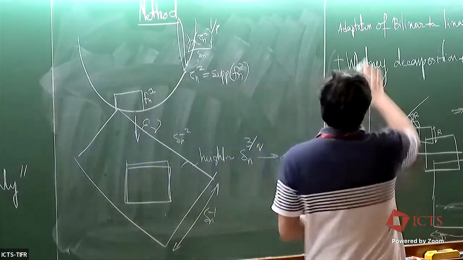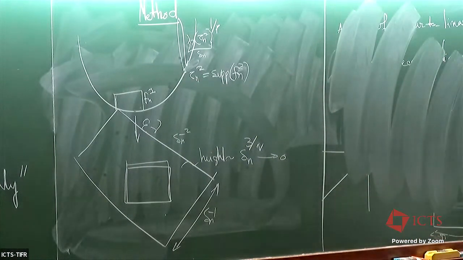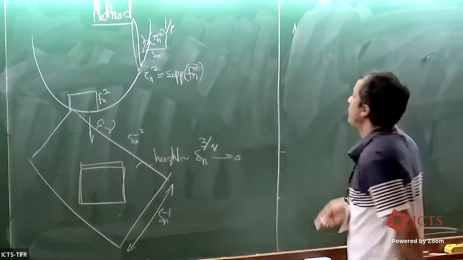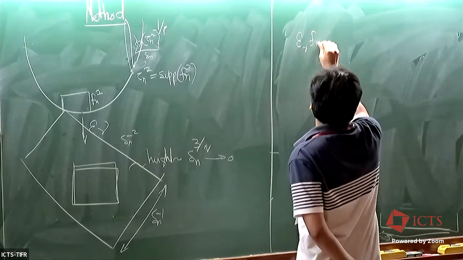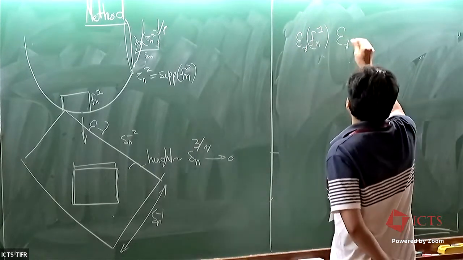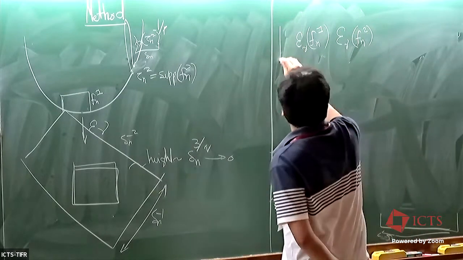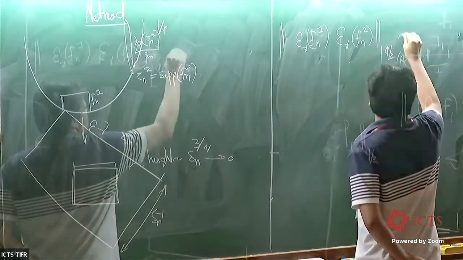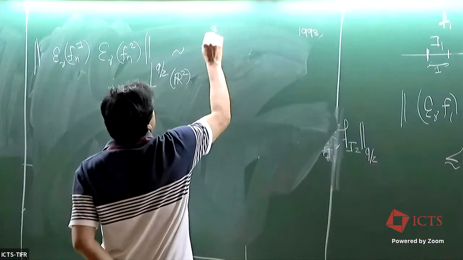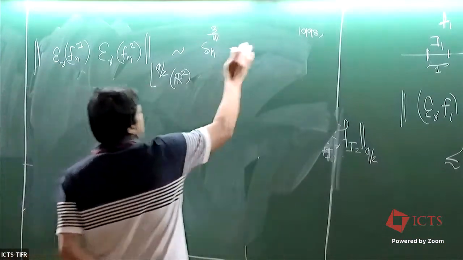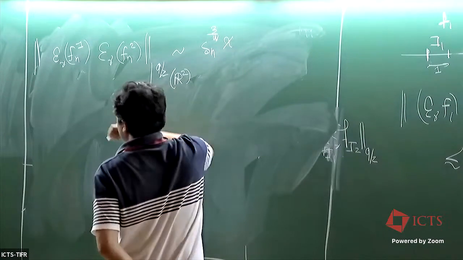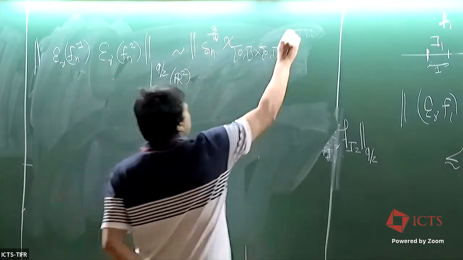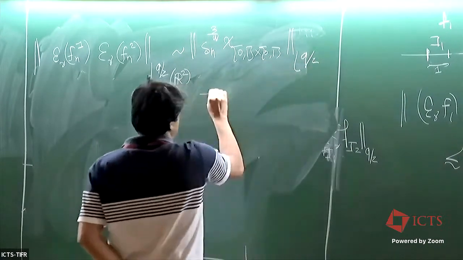Meaning if you look at the Fourier extension of Fn1, which is a fixed piece, times the Fourier extension of Fn2, which blows up, if it does blow up, and if you look at the LQ by 2 norm in R2, this is about delta n power 3 over q, which is the height, times the characteristic function of this fixed, let's say 0, 1 cross this rectangle, in LQ by 2, which goes to 0.